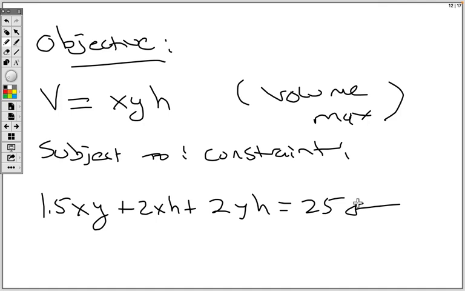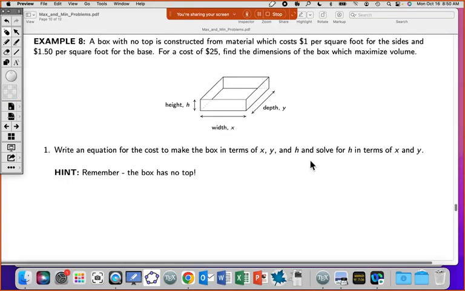And so the question is, which variable do you want to solve for? We can solve for x in terms of y and h. We can solve for y in terms of x and h. We can solve for h in terms of x and y. But why would it say solve for h in terms of x and y? What would be the advantage of that?